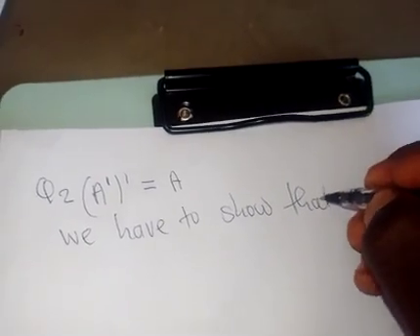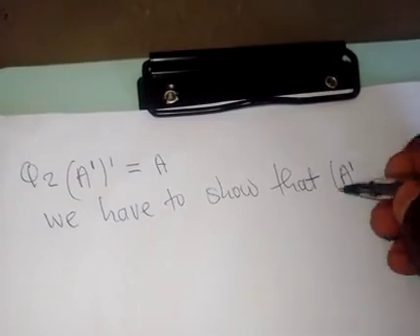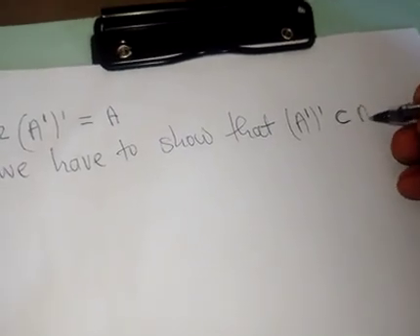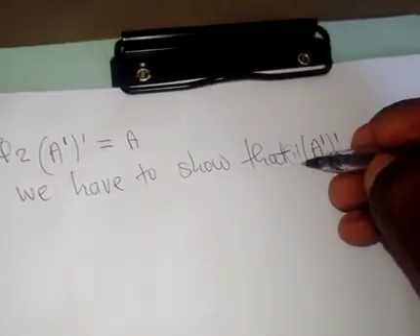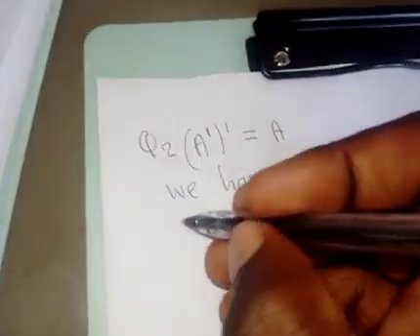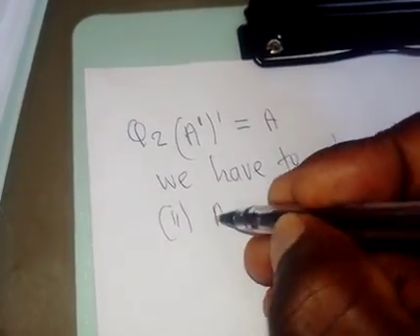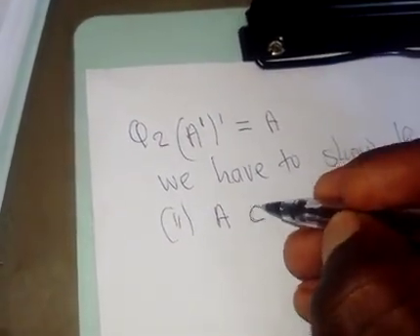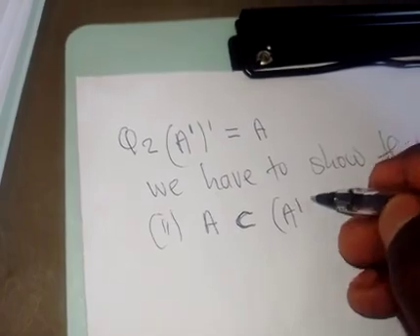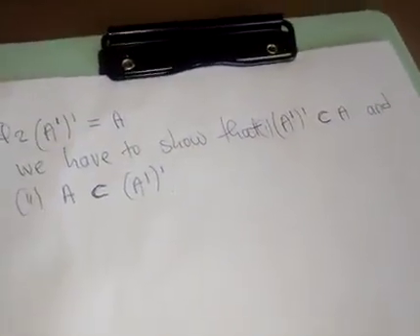So you start with what you have on your left hand side: (A complement) complement is a subset of A. This is the first thing we are proving. And secondly, we also have to show that A, what you have on the right hand side, is a subset of what you have on your left hand side. So we just have to prove these statements.